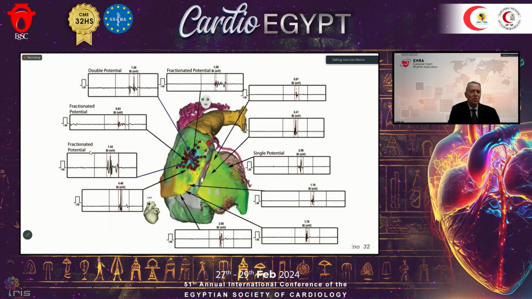These electrograms were interestingly located in a very concentrated area in the epicardial right ventricular outflow tract, because in other areas like the left ventricle they were not found.